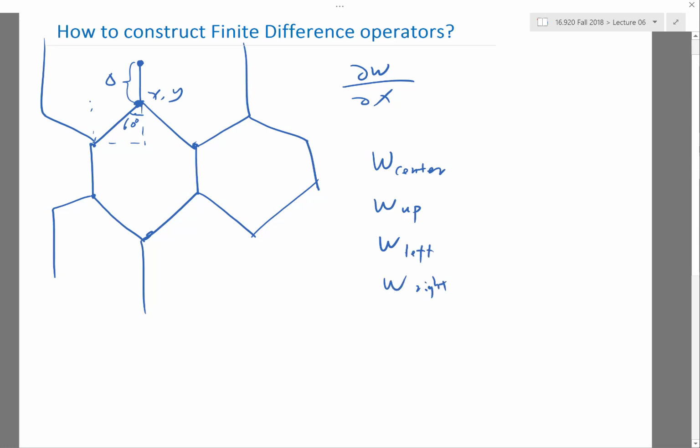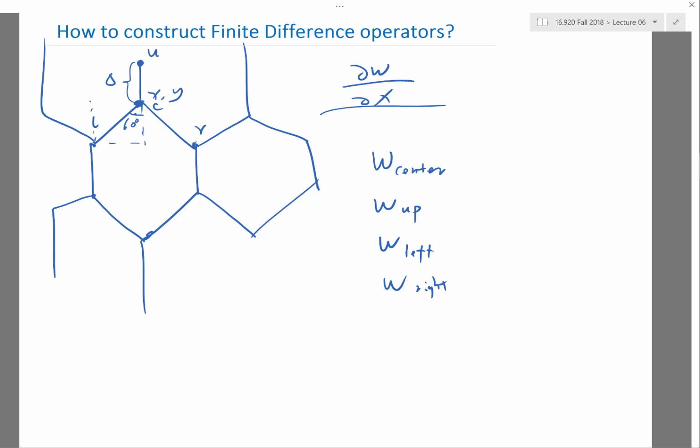Let's say WC, WU, WL, and WR: this is the center, this is up, this is left, and this is right. So, a simple stencil. How do we derive what finite difference operator we can use to get dw dx? Any suggestions?